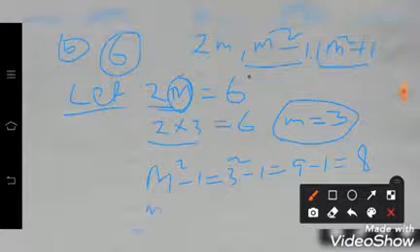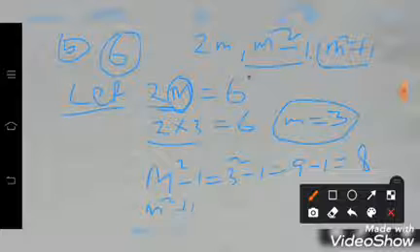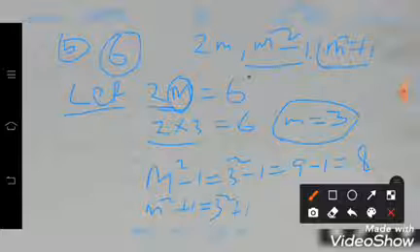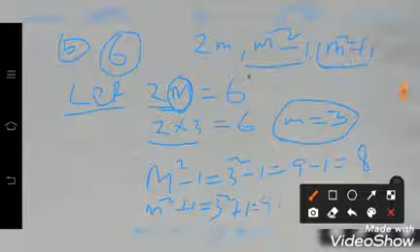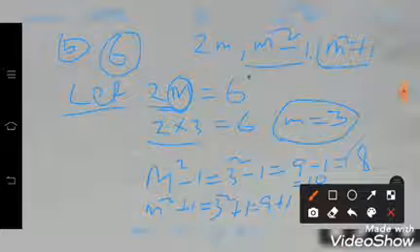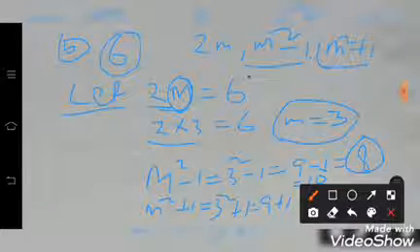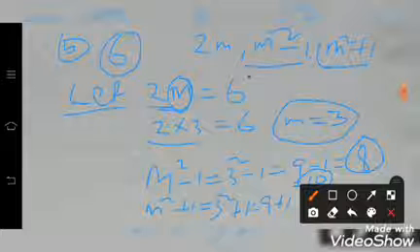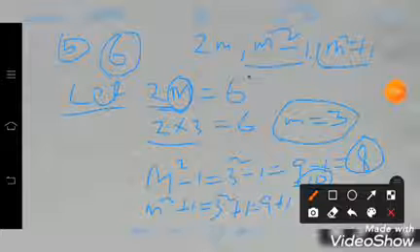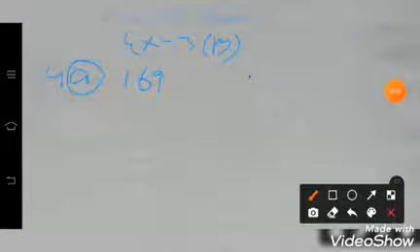Same here, m square plus 1 is 3 square plus 1, equal to 9 plus 1, which is 10. So the other two members of the given Pythagorean triplet are 10 and 8. I hope you are clear.